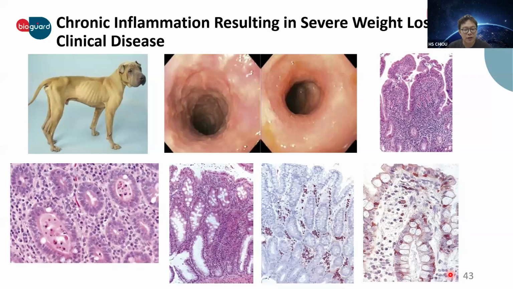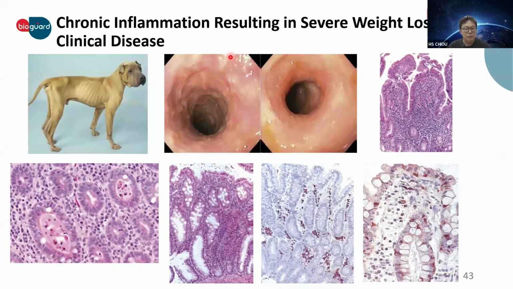Let's put everything together. This slide shows what chronic inflammation can look like when it progresses to severe clinical disease. This dog is cachectic. You can see accentuated ribs and muscle due to loss of subcutaneous fat and abdominal fat.